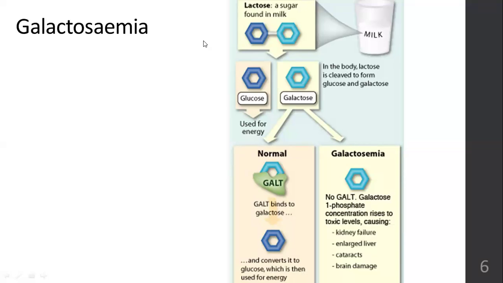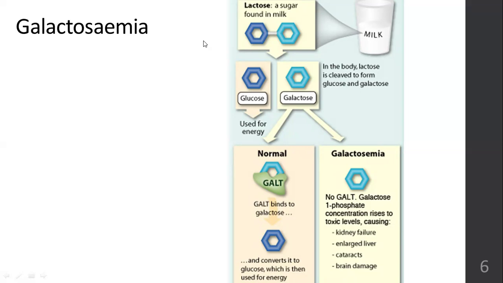If phenylketonuria is phenylketones in urea, that is urine, too much of phenylketones in urea, what do you think galactosemia would be? Yes, it is related to galactose.